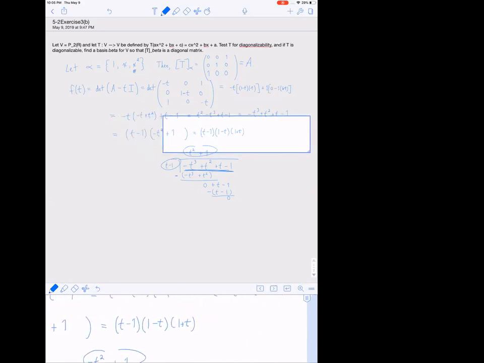And just for good measure, let's write this all in the same form. This will be minus 1 times t minus 1 squared, and then t plus 1.